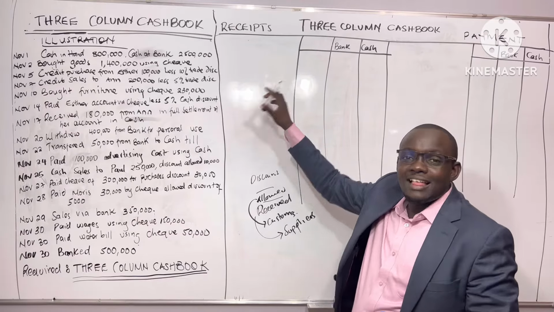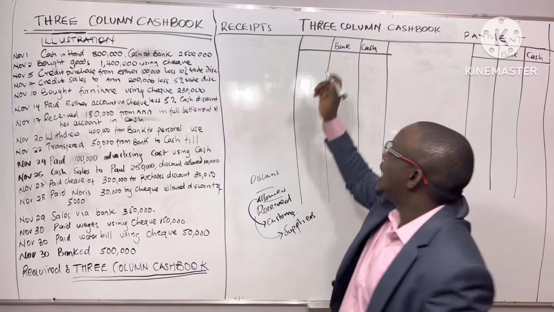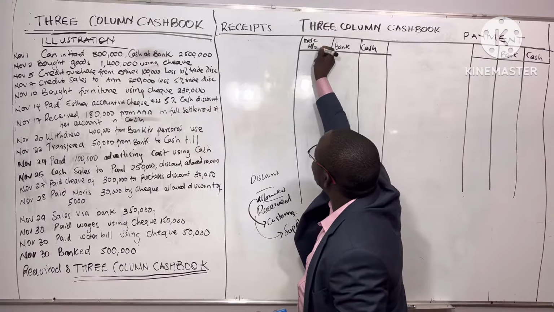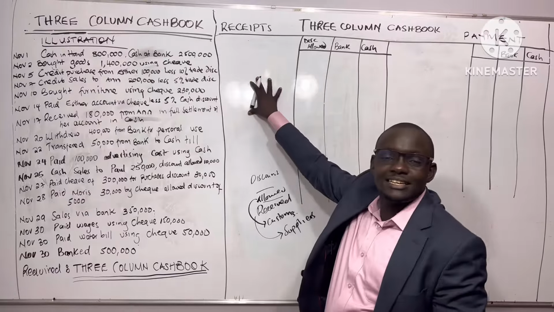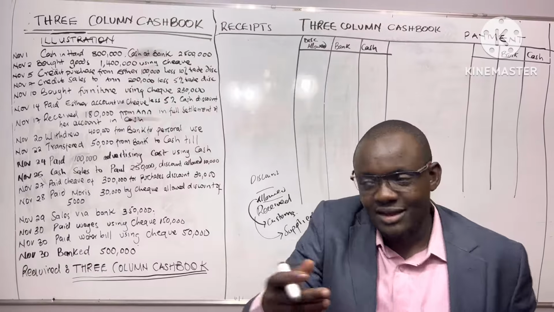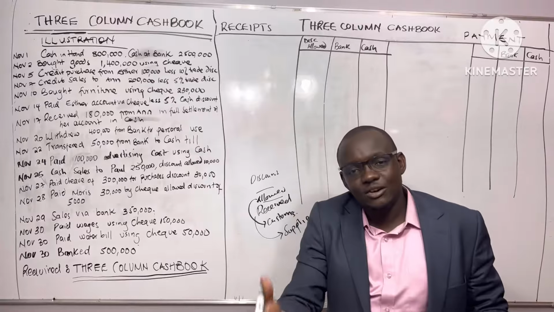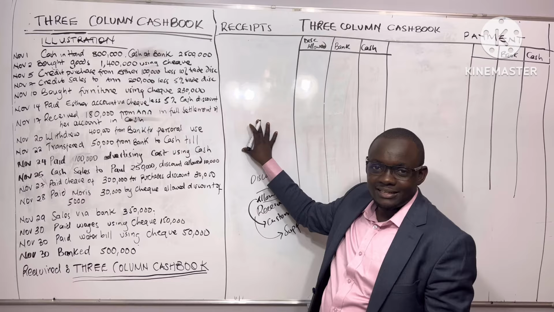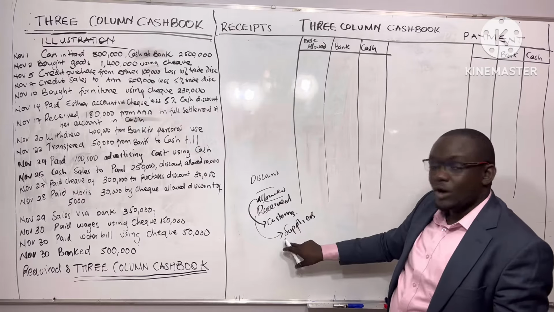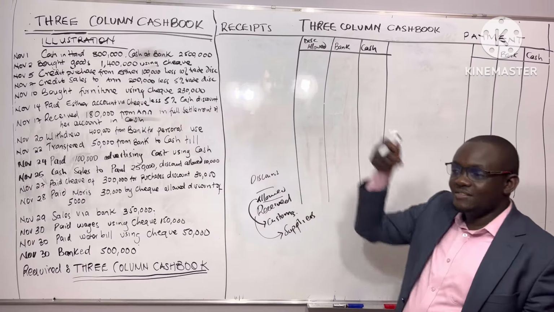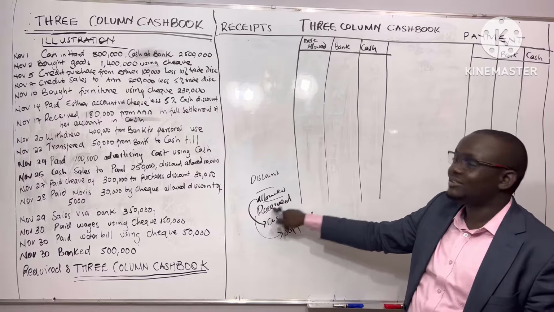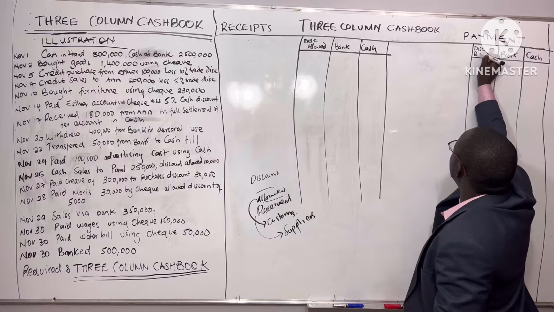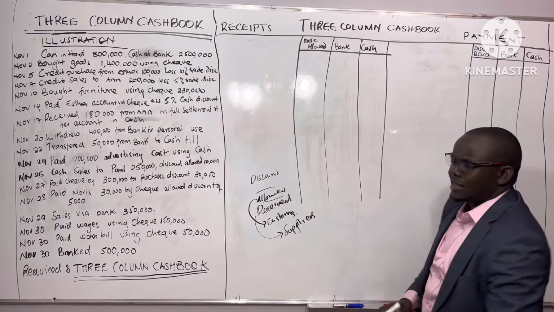That is reason number 1 why discount allowed appears on this side: the discount allowed is given to a customer, and you only give a discount when the customer is paying you, so it is when you are receiving money. For suppliers, it is when you are paying them that they give you a discount, that you receive a discount. So discount received is on this side. That is reason number 1.